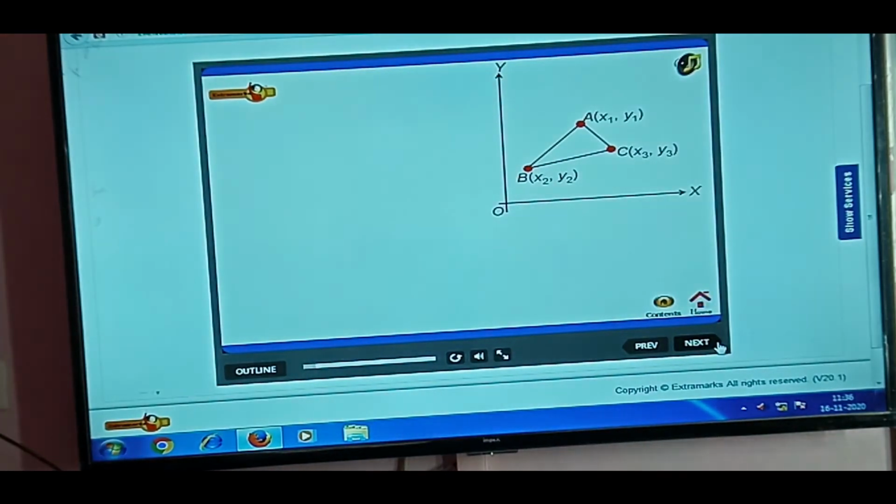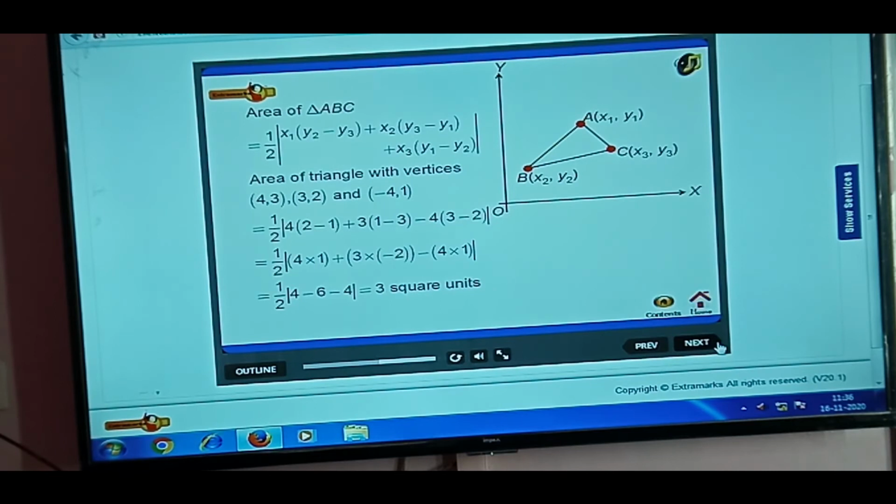Also, the area of the triangle with the vertices as shown is given by the following formula. For example, the area of the triangle with vertices 4, 3, 3, 2 and minus 4, 1 is calculated as shown. We will now study about the simplest geometric figure, straight line.